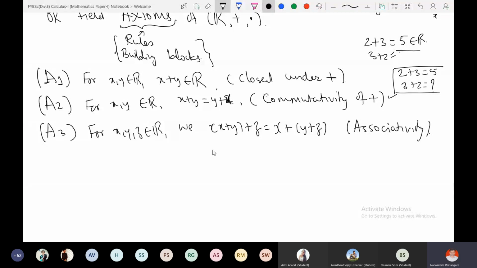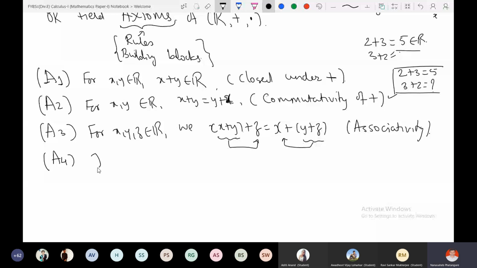That means when you are going to add three numbers, first add two numbers, and then in that addition, because addition of x and y itself is a number, in that number add the third. It is same as adding the second and third numbers, and in that addition whatever new number it produces, then in that number add the first number. It's same, and that you experience every day. This happens to be true, right?